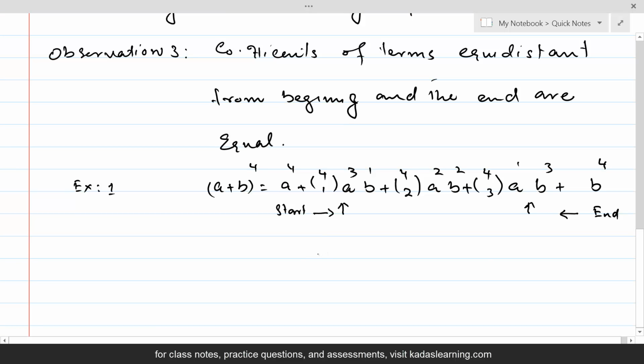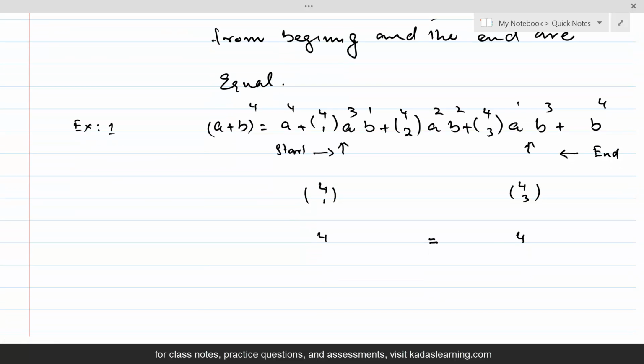The coefficient here is 4C1, and the coefficient of this term here is 4C3. According to this observation, 4C1 is equal to 4 and 4C3 is equal to 4, which are equal. It means that for any terms which are equidistant from the beginning and the end, their coefficients are equal.